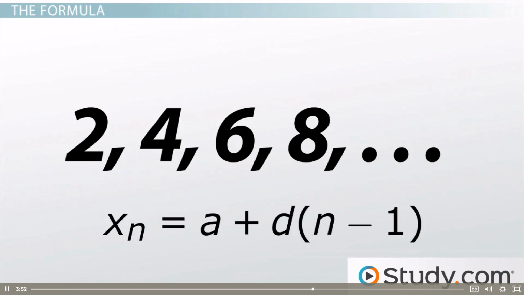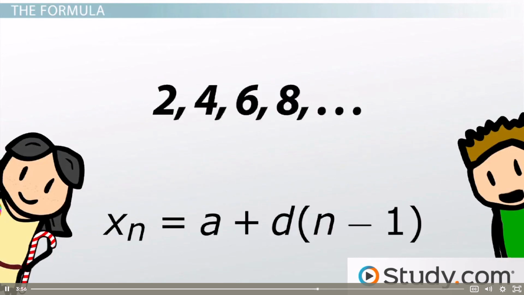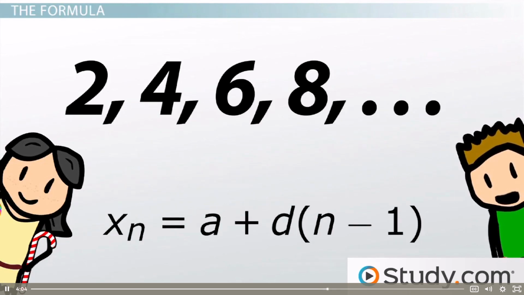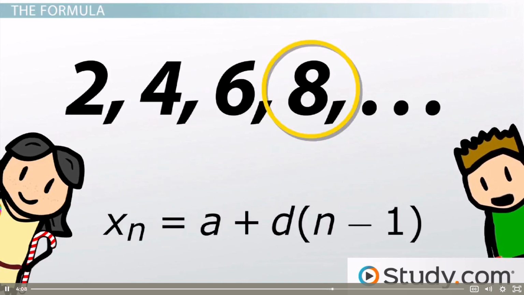Let's go back to our candy bar example to see if this formula really works. Our sequence for the candy bars begins with 2, 4, 6, 8, and so on. Let's check to see if the formula will give us the right term for the fourth term. We already know that it is 8. So let's see if the formula will give us 8 as our answer.